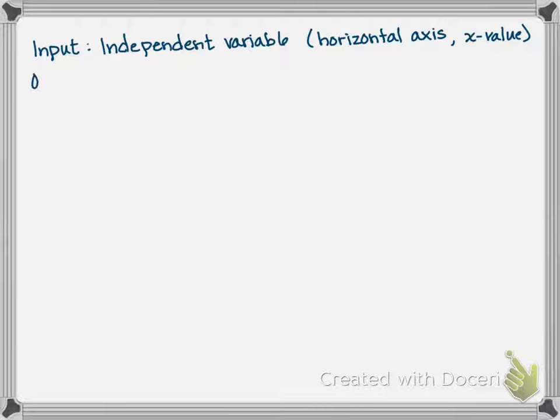So then our output, we call the dependent variable. Which, like I said, that's going to be your vertical axis.